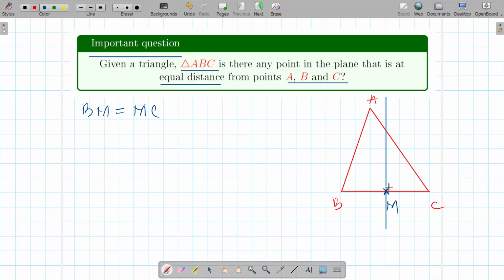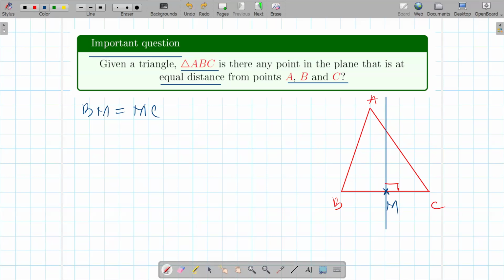If we consider the segment bisector of segment BC, we know that every single point on this segment bisector is at equal distance from B and C. So these two segments will be equal to each other, these two segments will be equal to each other, and so on. Good, so we got that from a previous class.